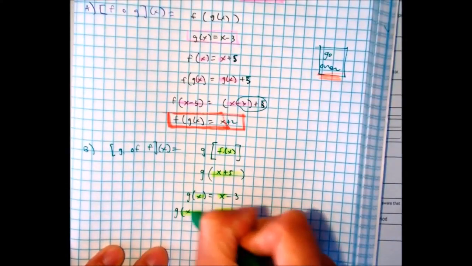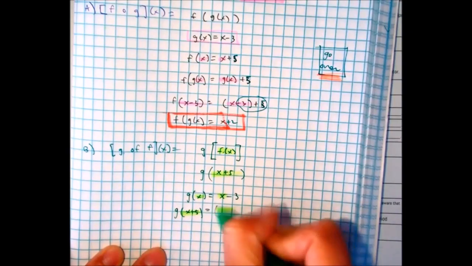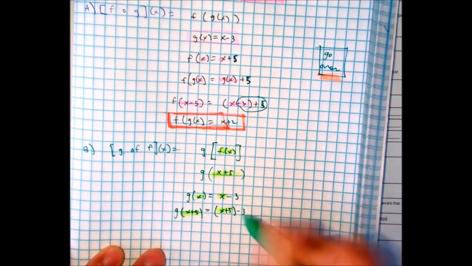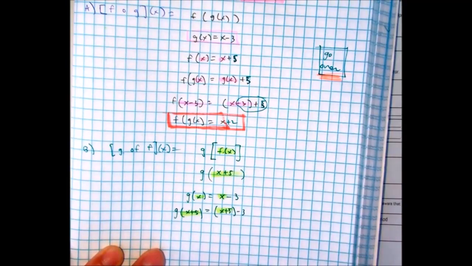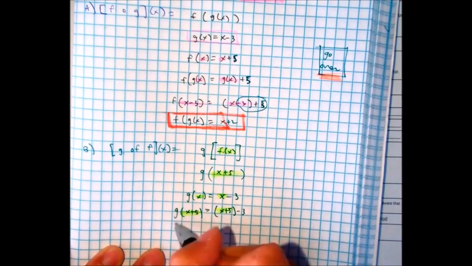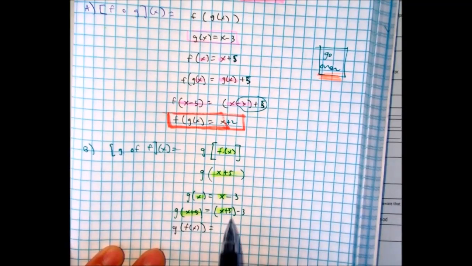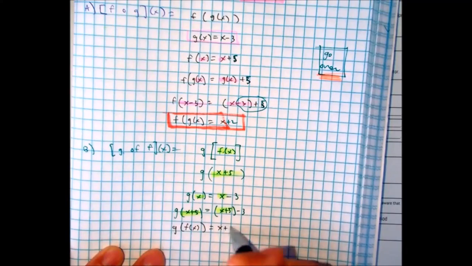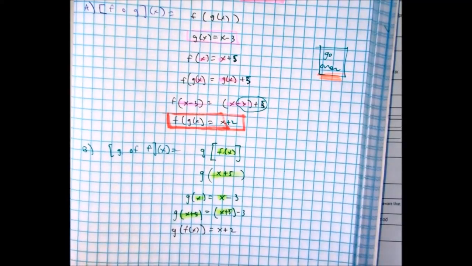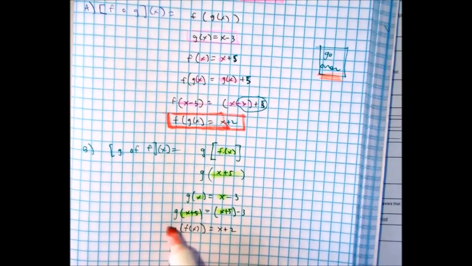So g of f of x is x plus 5 minus 3, and then we can just simplify. Class, do I need the parentheses here? 5 and a negative 3 is 2. X plus 2 is the correct answer. Raise your hand if you got that.